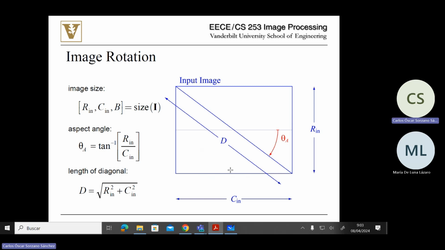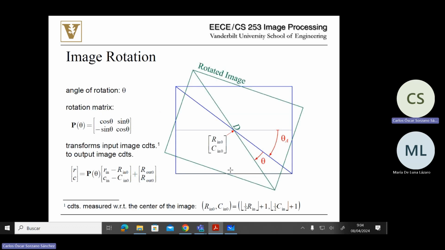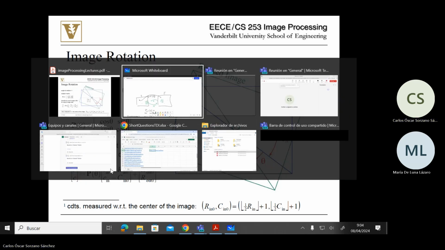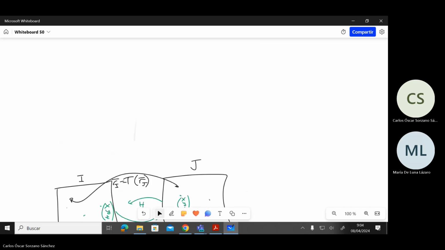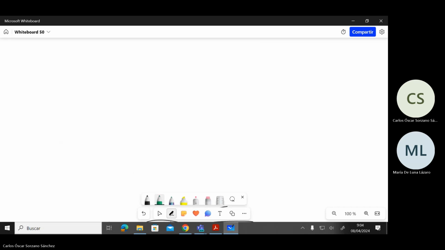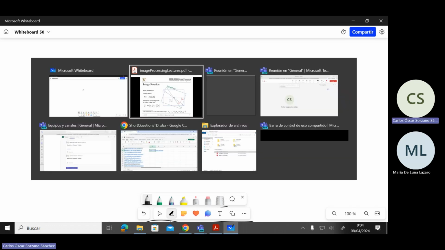Okay, so the last part of the lecture is about image rotation. Image rotation is done by this matrix here, by this transformation. We write it in the same order as this one.